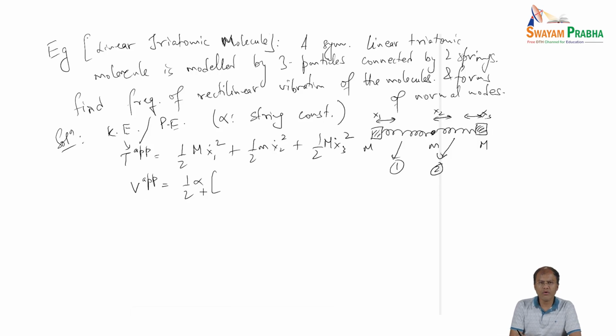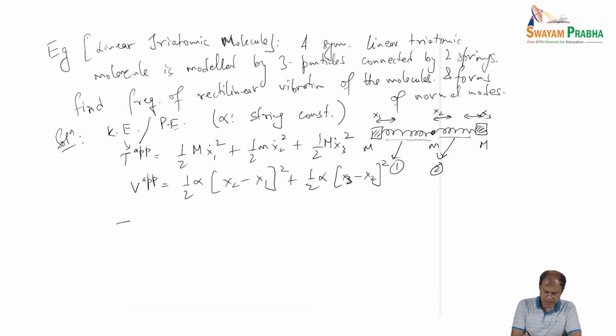So now we write down the potential energy of the string. This is going to be half alpha (x2 minus x1) square, which is the net stretch of the first string, plus half alpha (x3 minus x2) square. We are assuming that both parts of the string have equal string constants.